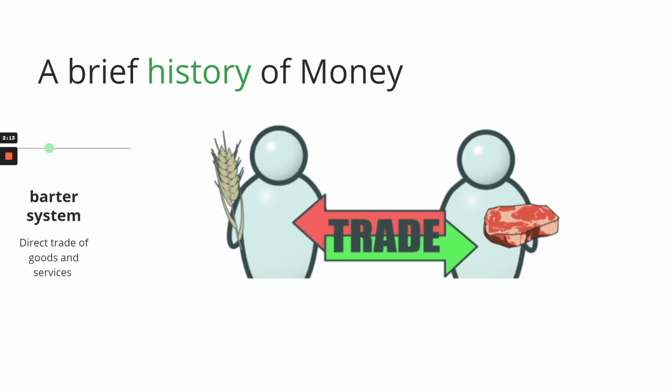Let's say it took 2 hours for you to make the table and 1 hour for the chair to be completed. So there is going to be a problem with the value, no? So it should be two chairs in exchange for one table. So it became complex, so it was replaced.